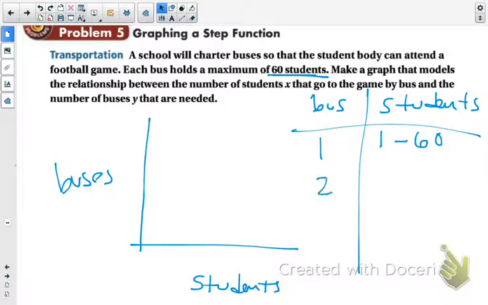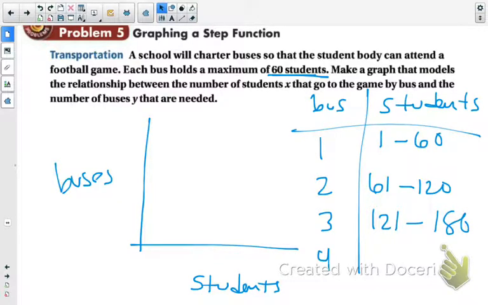If we want 2 buses, that would be a maximum of 120 students. So 61 to 120. 3 buses, we would just add 60 more, so 121 to 180. 4 buses, 181 to 240, and then so on.